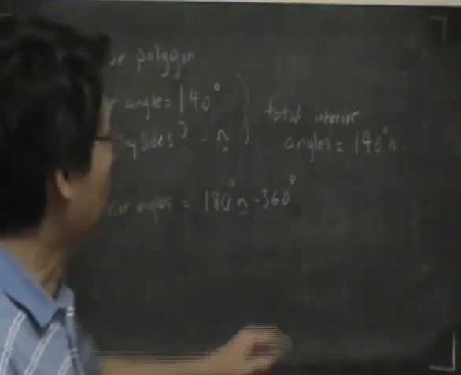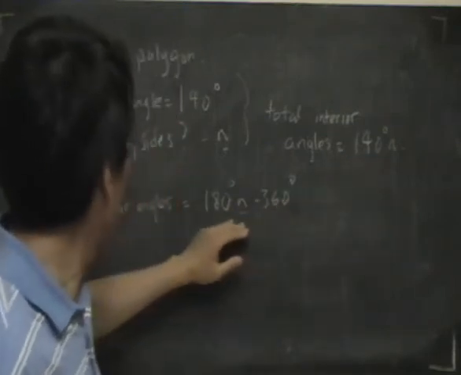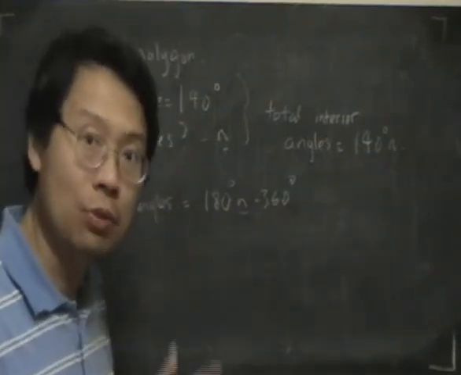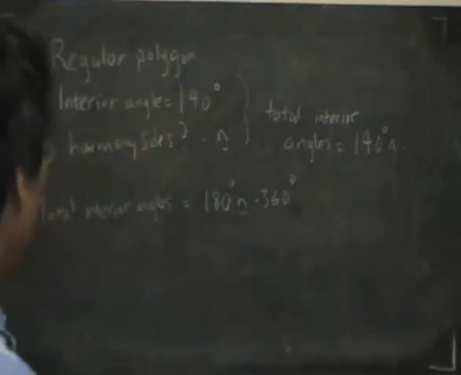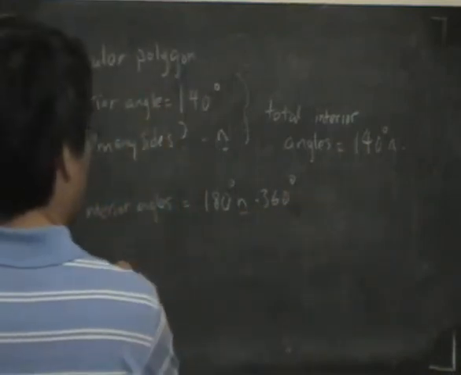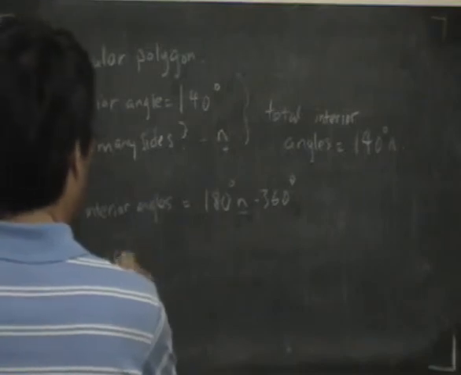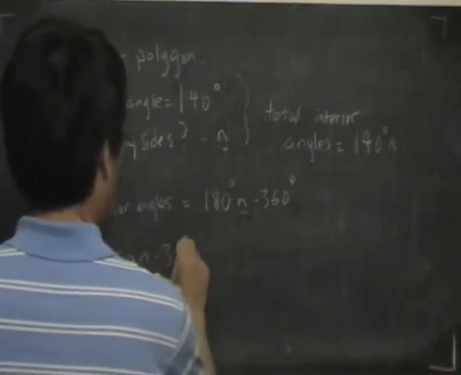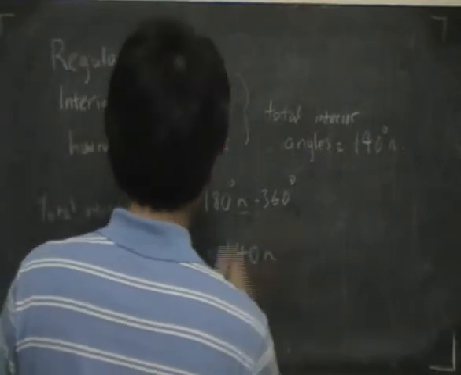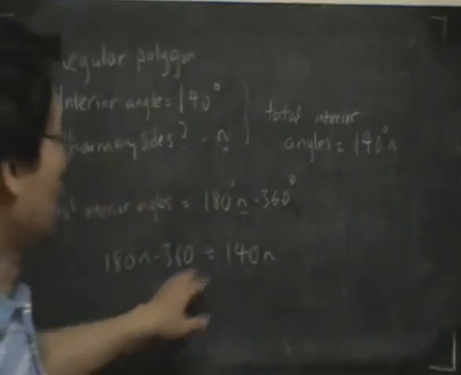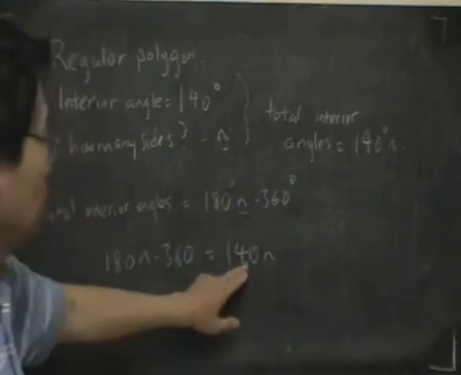Both of these are the total interior angles, therefore they must be equal. So let me write down this equation: 180n minus 360 is equal to 140n.